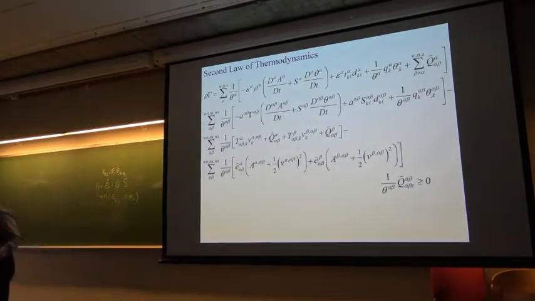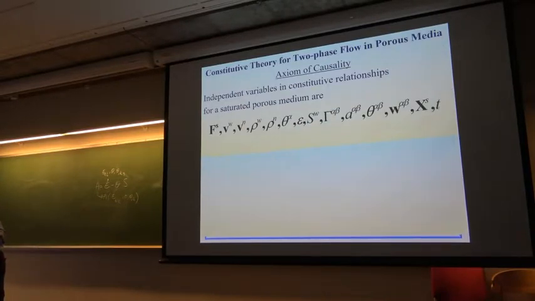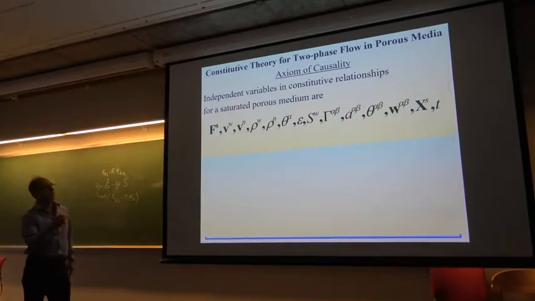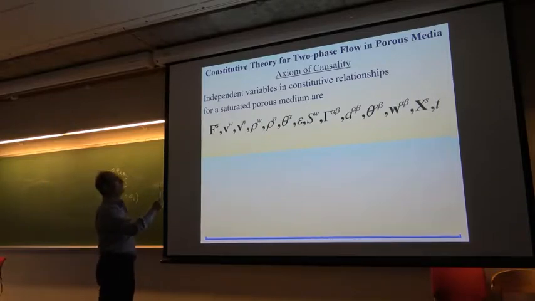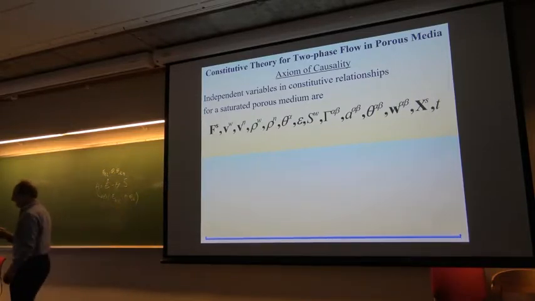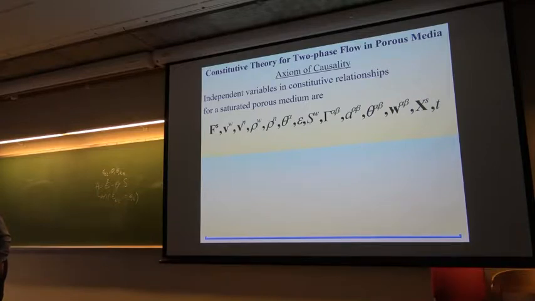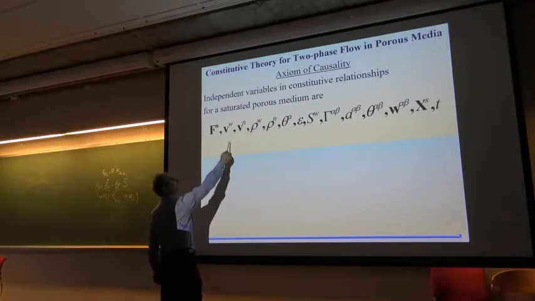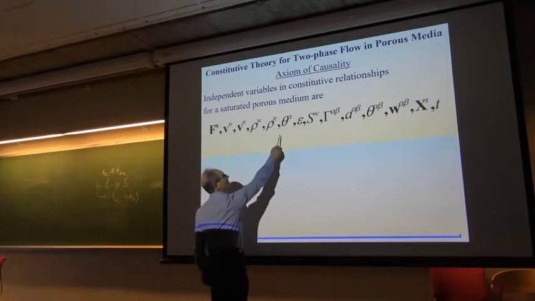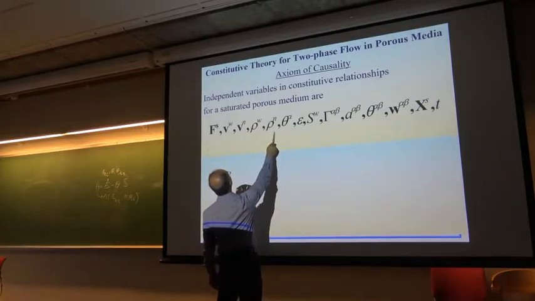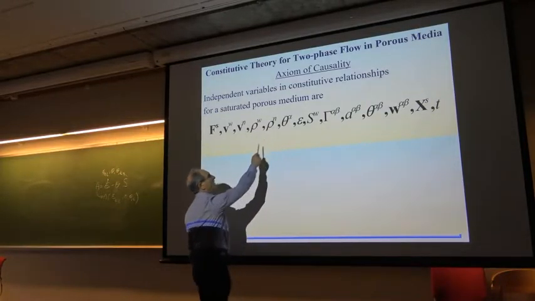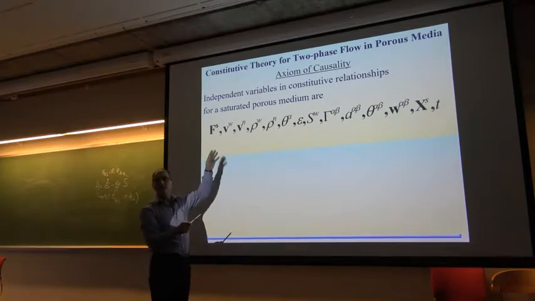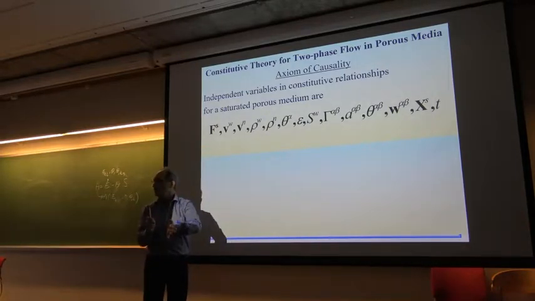Now, then we introduce the constitutive theory. By the way, if we count the unknowns, the constitutive theory says that the causes are these: motion of solid, motion of fluids, densities of fluid. Actually, density of solid must be here too, because density of solid is not given anymore by its own motion because of porosity.